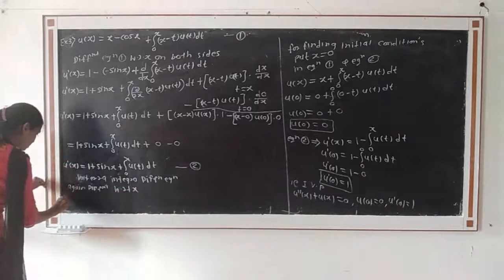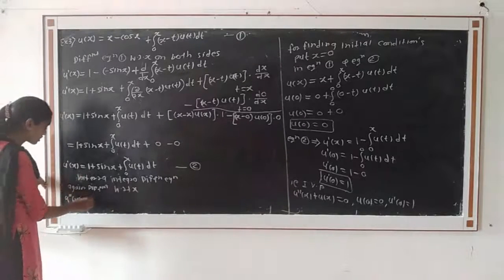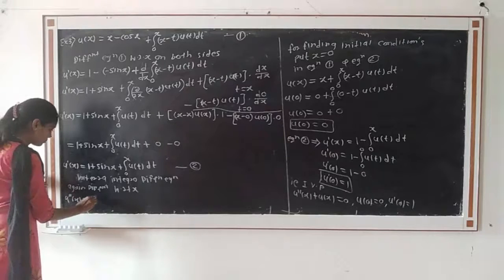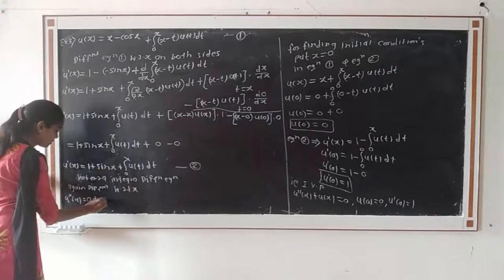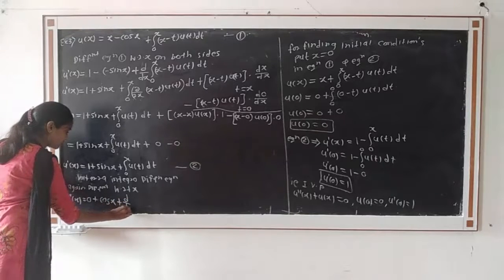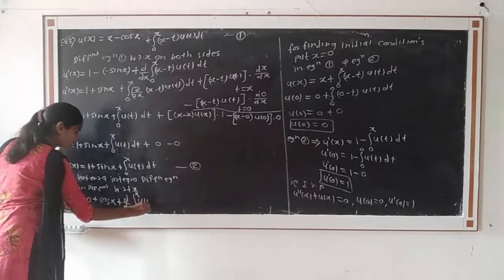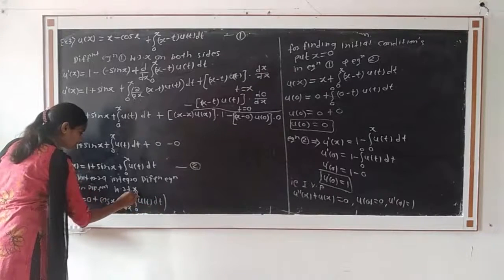We get u double dash of x is equal to the derivative of 1 with respect to x, which is 0, plus the derivative of sin x, which is cos x, plus d by dx of the integration from 0 to x u of t dt.